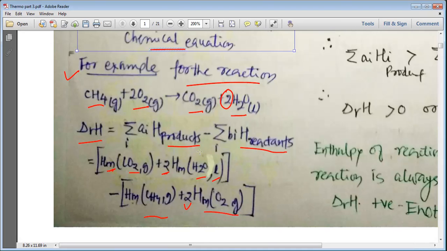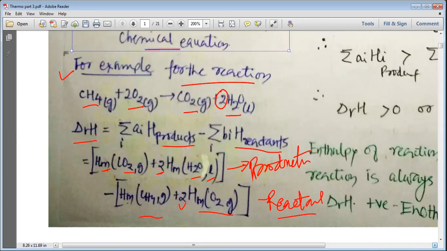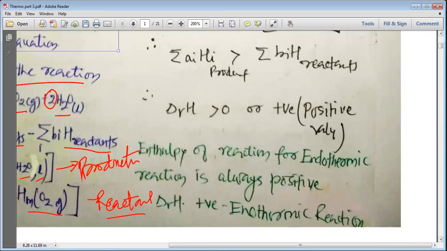First we write the sum of the enthalpies of the products, and we subtract the enthalpies of the reactants. So this is how we can calculate the enthalpy for any particular reaction, my dear students.